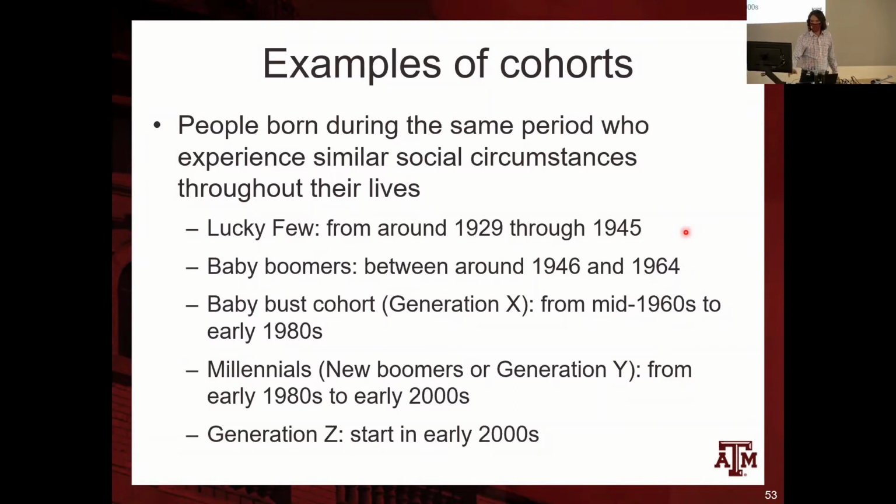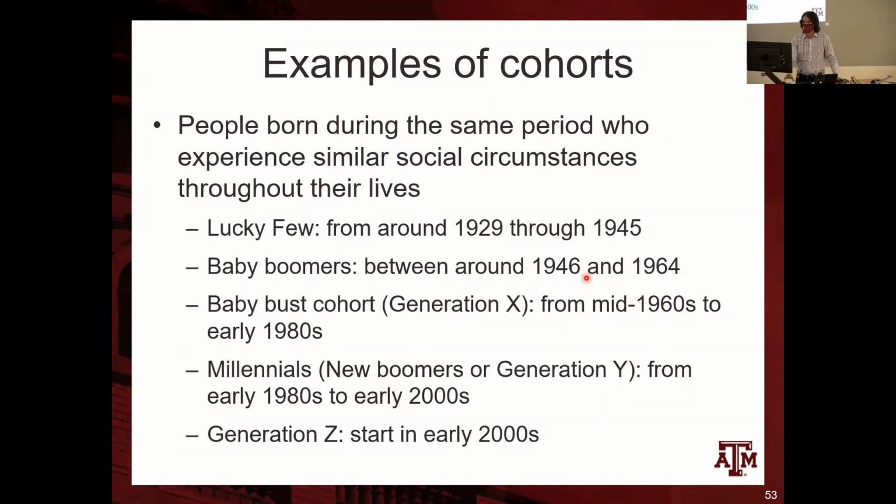The baby boomers is exactly when you experience an increase in fertility in the US and also in other countries, right after the end of World War II until around 1964. And then after that, you start to see a decline in fertility. So you had this moment right after World War II, more economic opportunities, people really happy with changes in society, having more children.